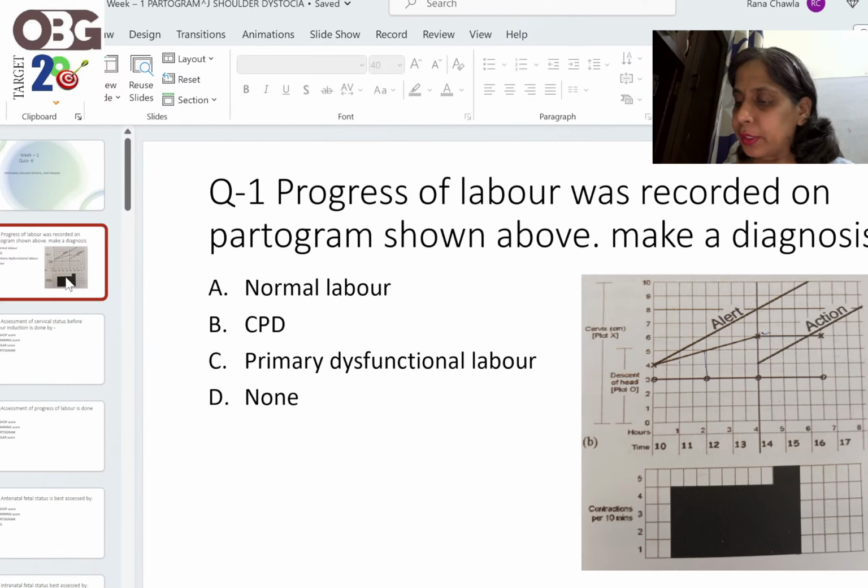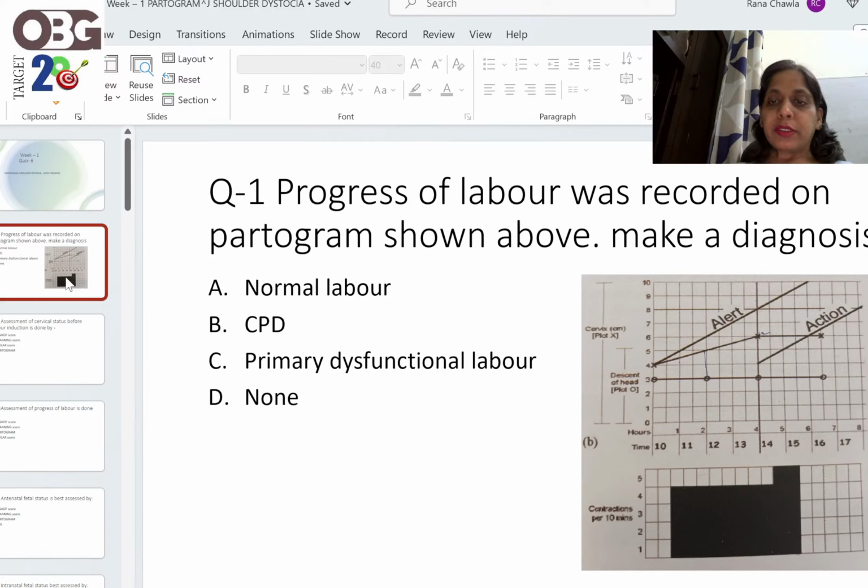So let's start with question number one. The progress of labor was recorded on the partogram shown above.